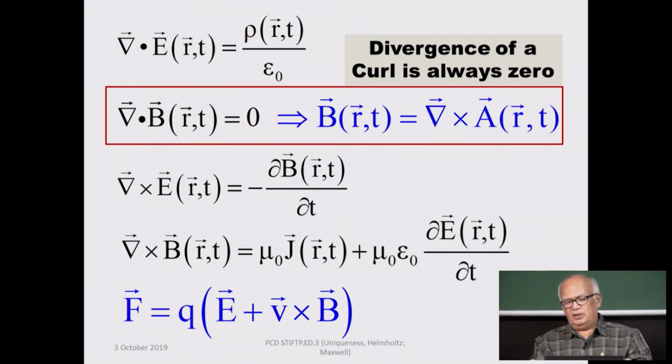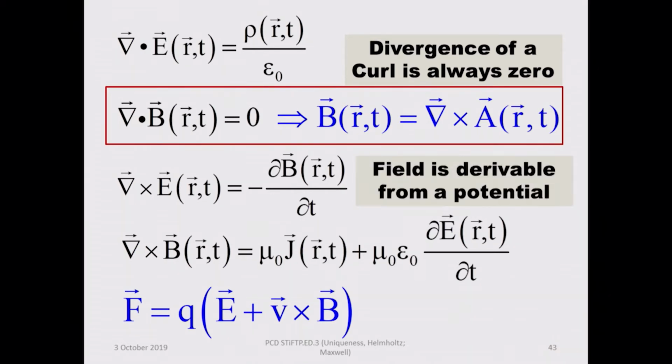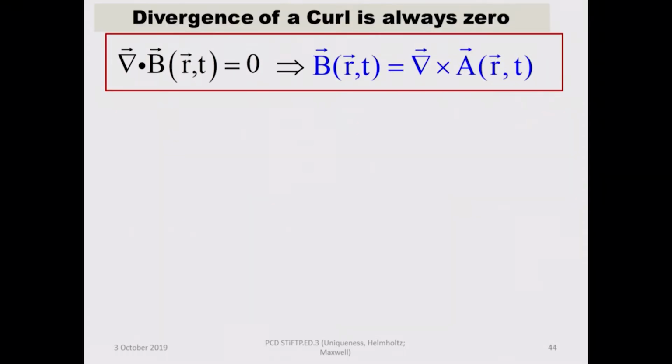All right. This is called the vector potential, and because it gives you the magnetic field, it is called the magnetic vector potential. So, now we are introducing the potentials, and the potentials in fact will become quite important in our discussion.